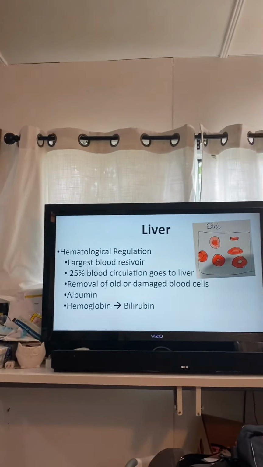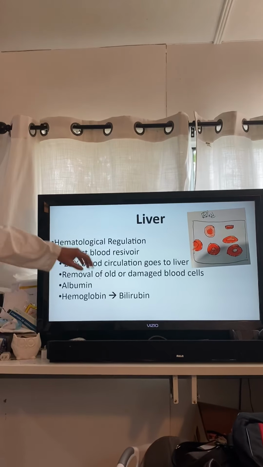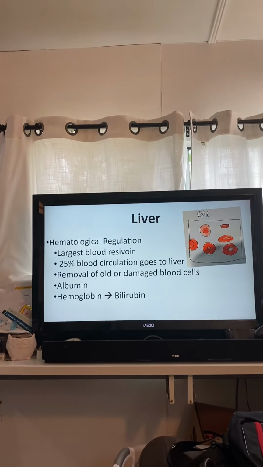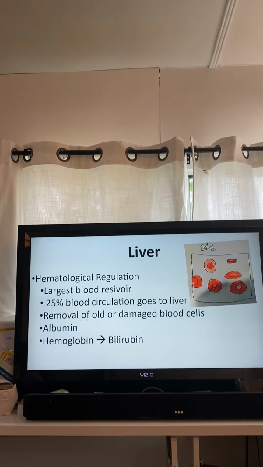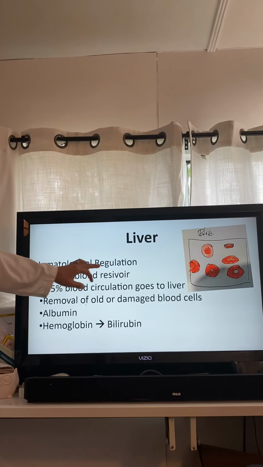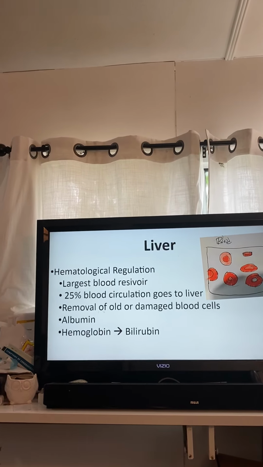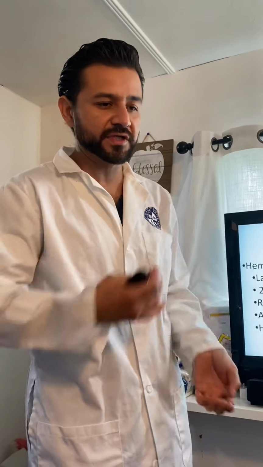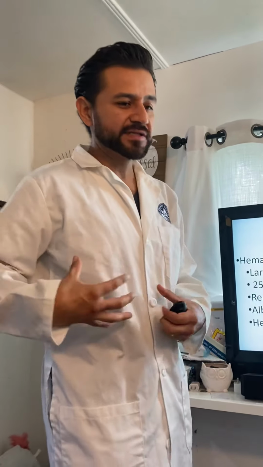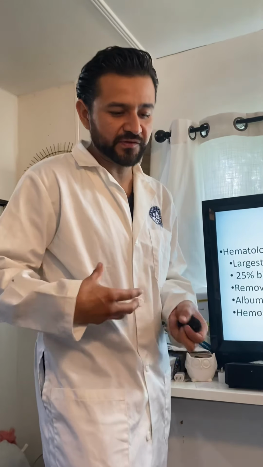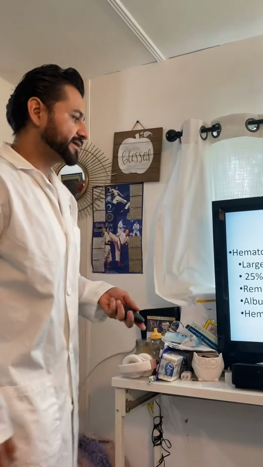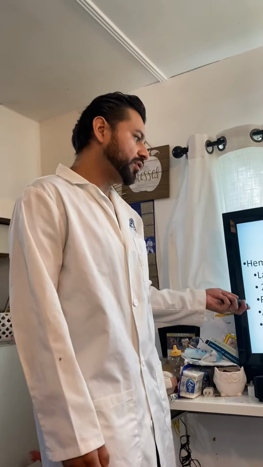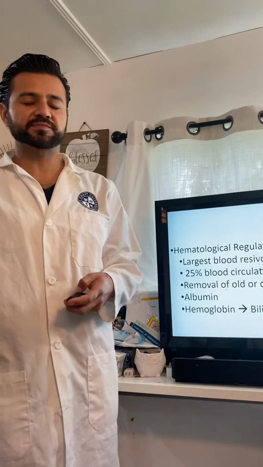The liver also regulates the blood in our system. So it's hematological regulation. It's the largest blood reservoir in our body. More than 25% of all the blood that circulates in our body stays there for a set amount of time, and it's mainly used for the removal of old and damaged blood cells.